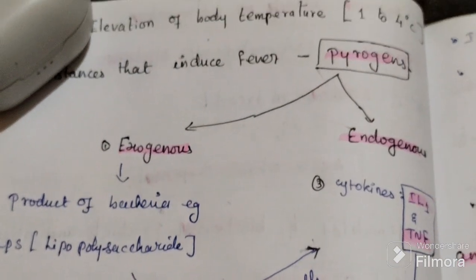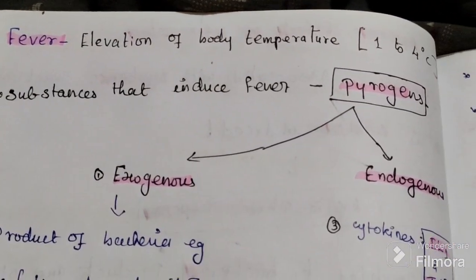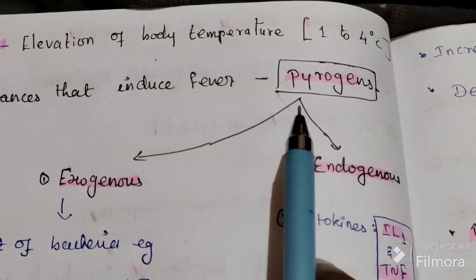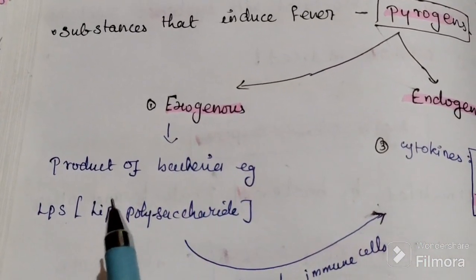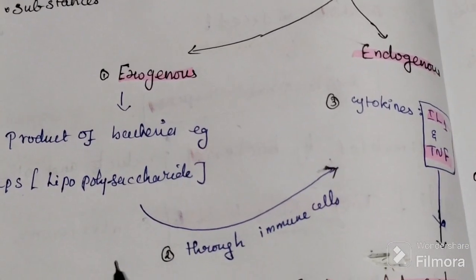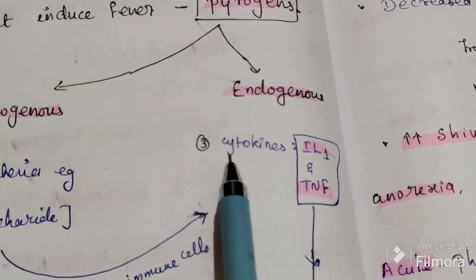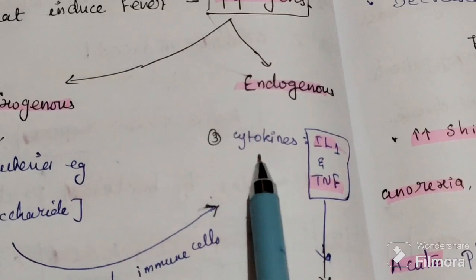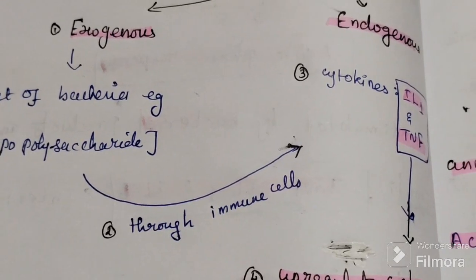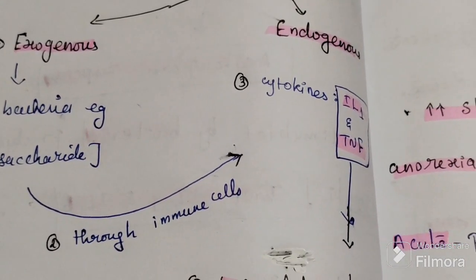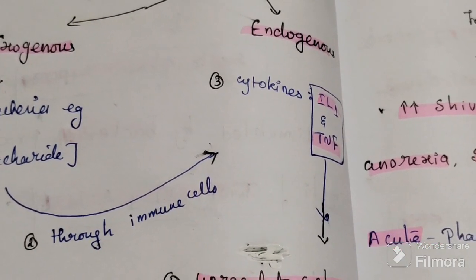So in the case of inflammation, what are the things that happen? A substance that induces fever is called a pyrogen. Two types of pyrogen, exogenous and endogenous. The exogenous one is the product of bacteria, that is lipopolysaccharide. Through immune cells, it helps release endogenous pyrogens, which are cytokines, that is interleukin 1 and tumor necrosis factor.